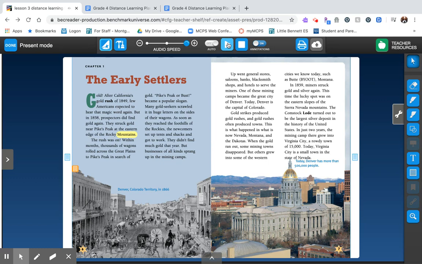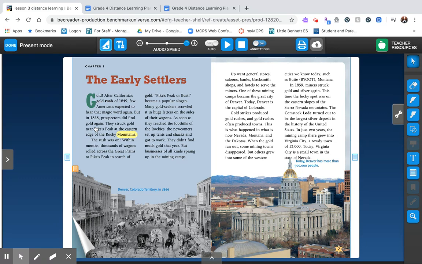As I reread that first paragraph of chapter 1, I see that it says, but in 1858, prospectors did find gold again. This is important because it tells me that they found it before.